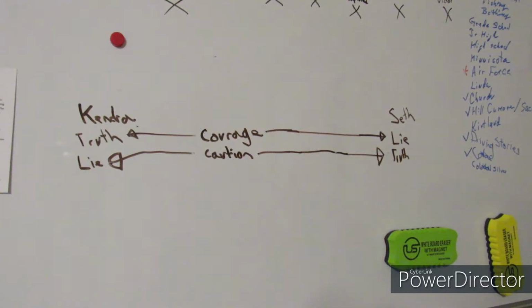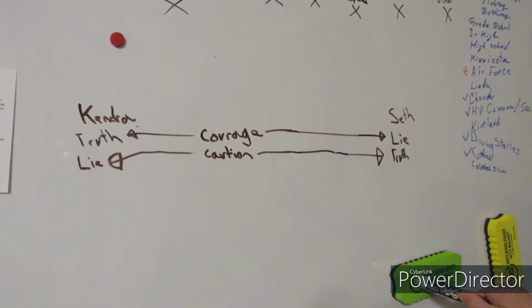So, we have, say, Kendra and Seth, and Kendra has caution, paralyzing caution, and Seth is exactly the opposite, and he's always taking risks, and his main attribute is reckless courage.